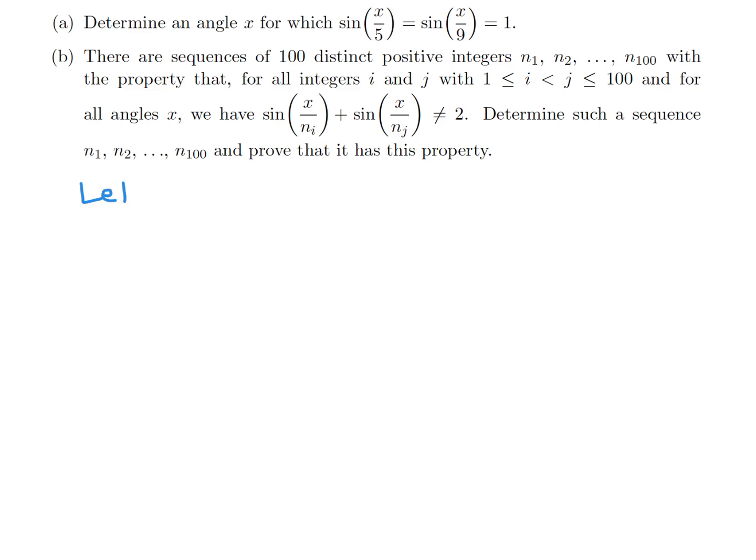So let's start off by letting this sine of x over ni and the sine of x over nj equal 2. See, here they're trying to show you up here that it's not equal to 2, but let's say it is equal to 2.